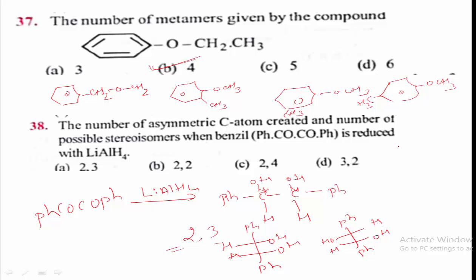And another structure: Ph, and H, OH, here OH, H, here Ph. Okay, when you observe these three structures, they contain two asymmetric carbon atoms, two optically active forms and one optically inactive meso form.